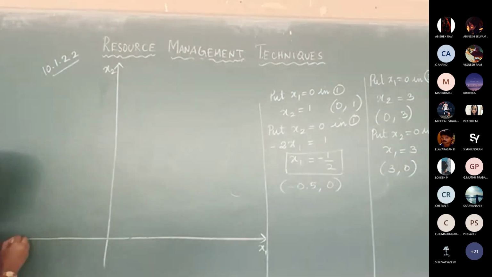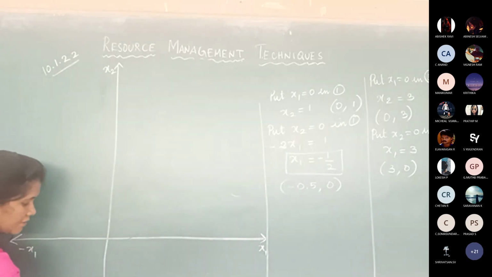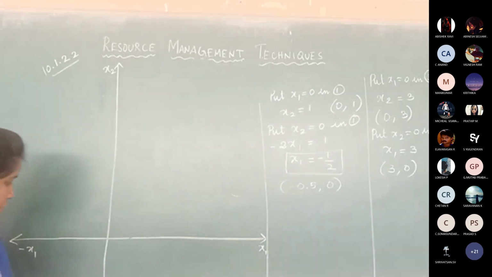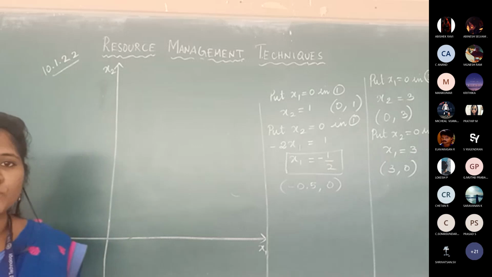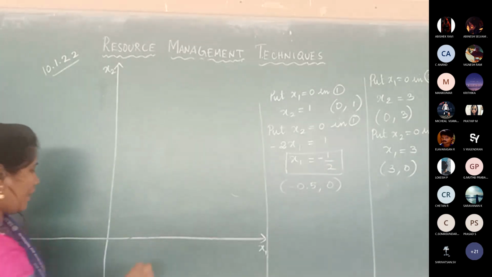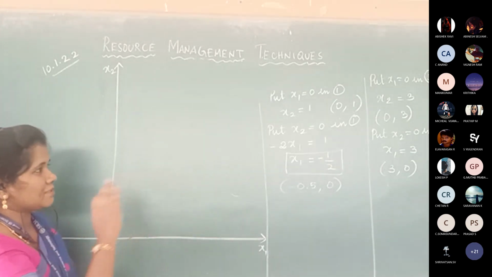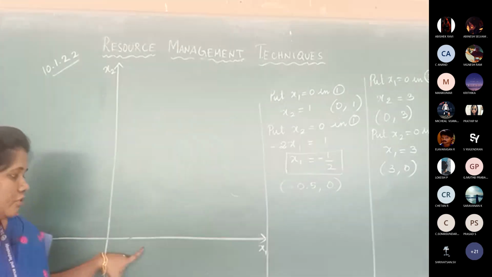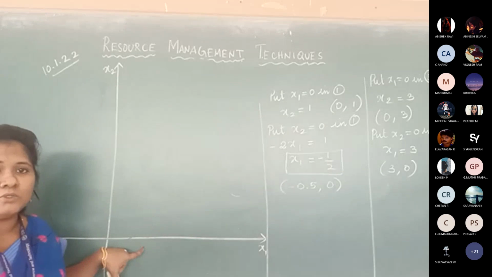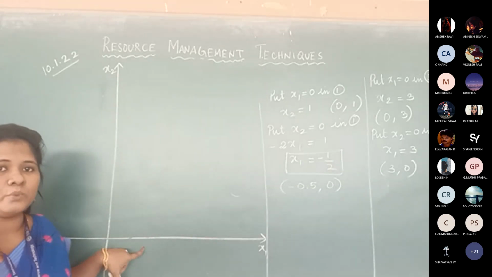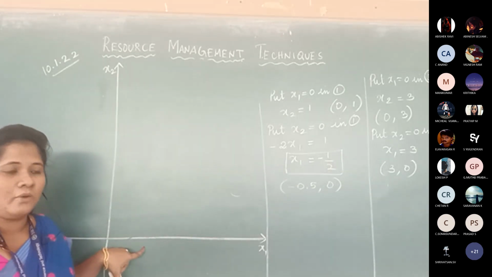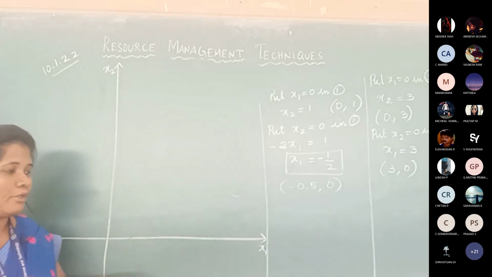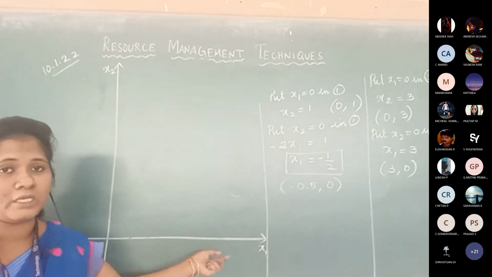When you take it this side, it becomes minus x1, and this side, minus x2. So these will be your vertices, and you have to name them. Since it is starting from 1 to 3, take the difference in your scale so that you will get accurate values. In your scale, you need to have up to 3.